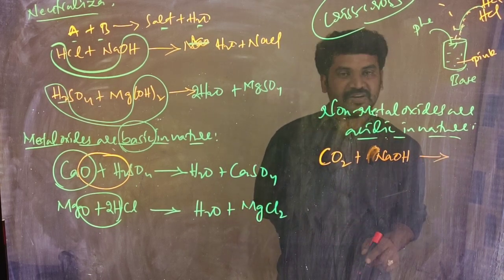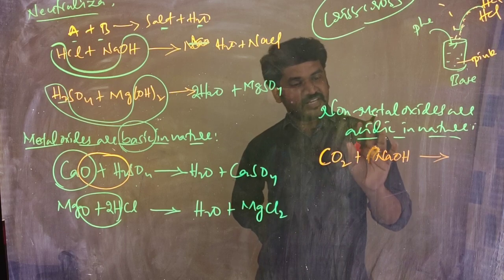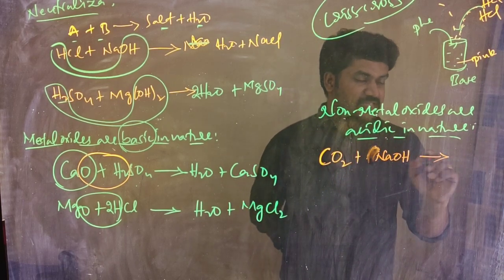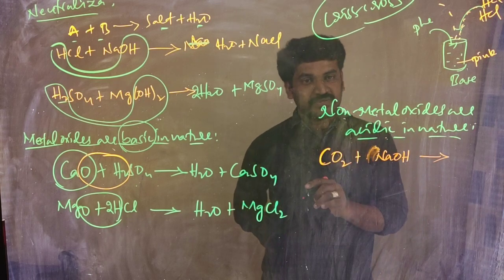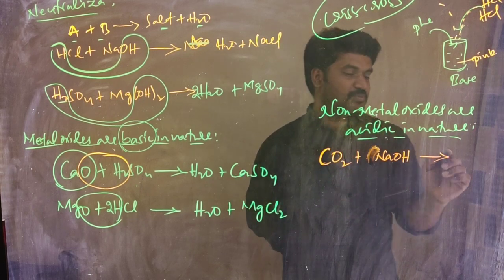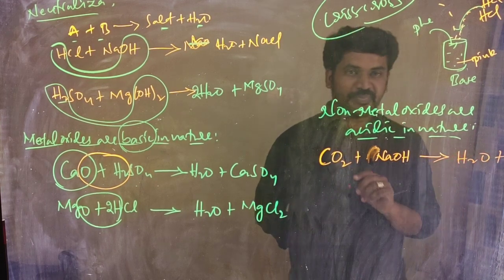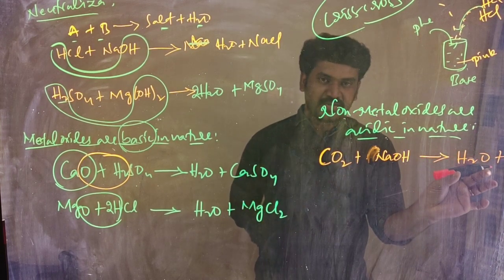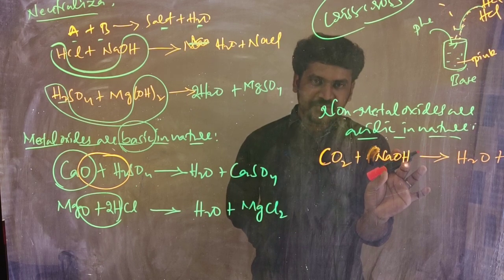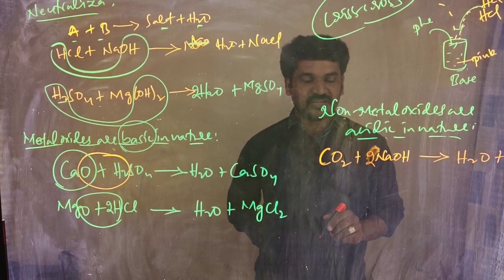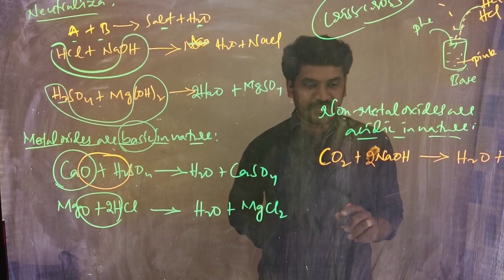So we'll take here water. Again we are saying that a salt and water it forms. So I'm writing the formula of water here, plus H2O. Here how many hydrogens are there? Only one hydrogen is there. So I'm writing here 2. So now 2 hydrogens are completed.